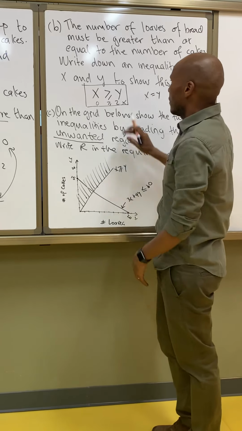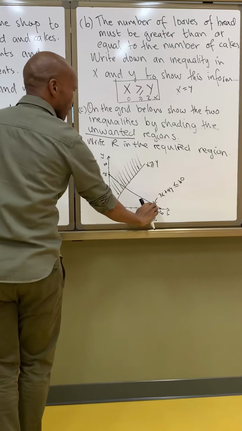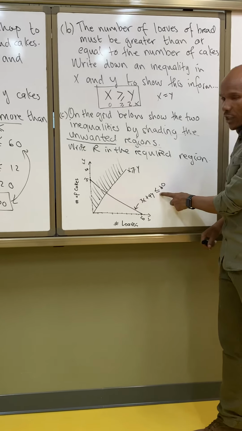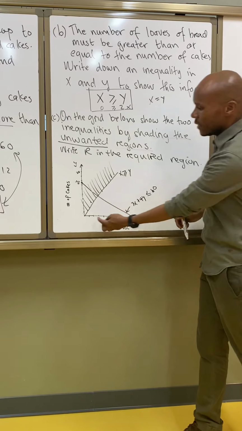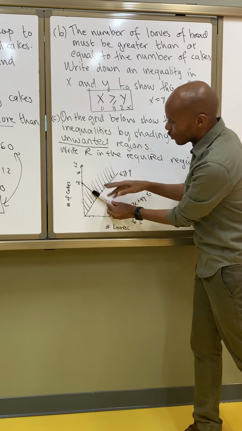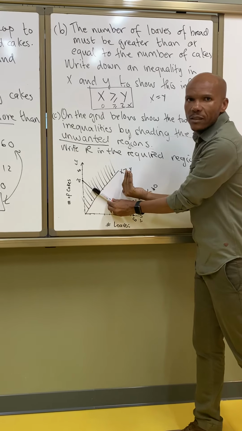Okay? Now, let's look at this one. This one says 3x plus 4y is less than or equal to 60. Let's choose the point 0, 0 there. Why are we doing that? We're just going to choose one point below. We could have chosen above as well.